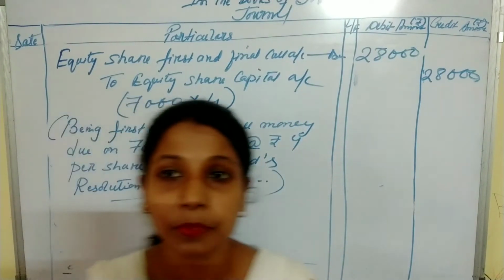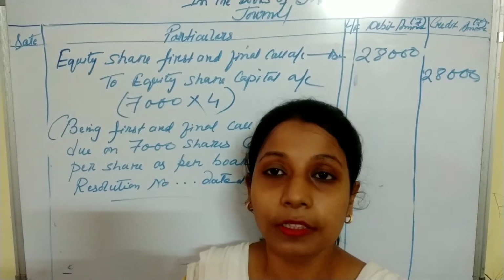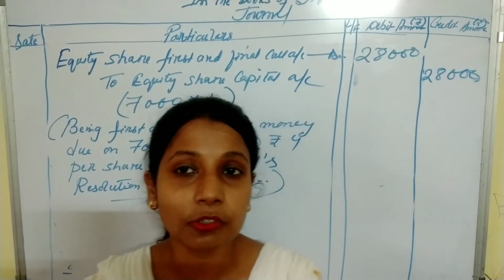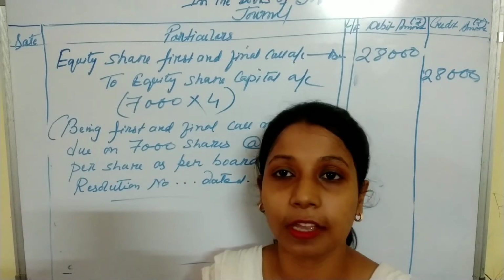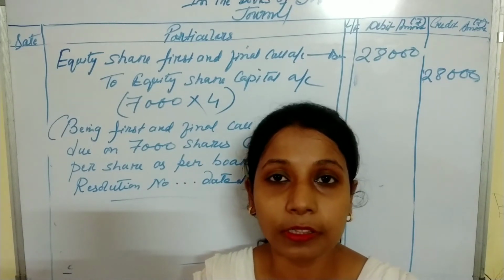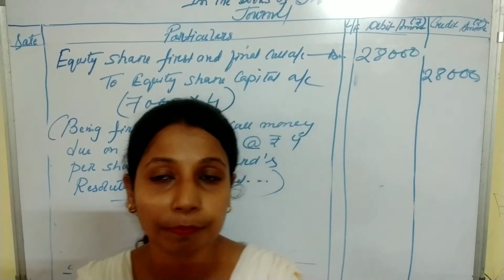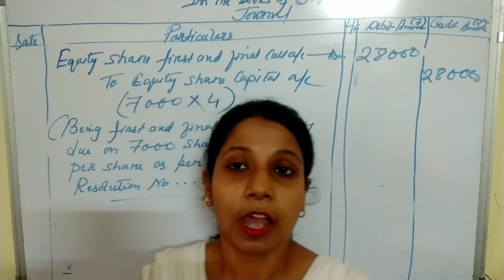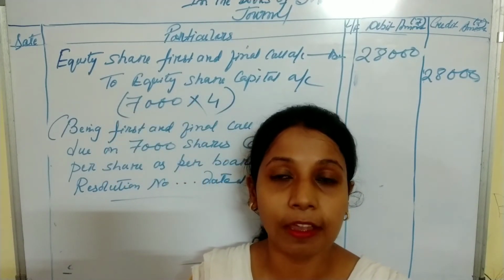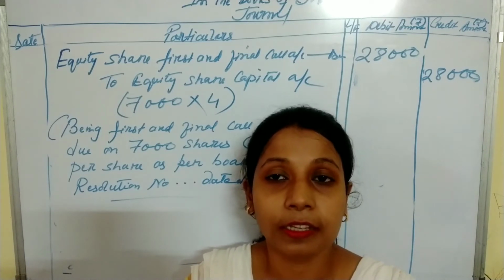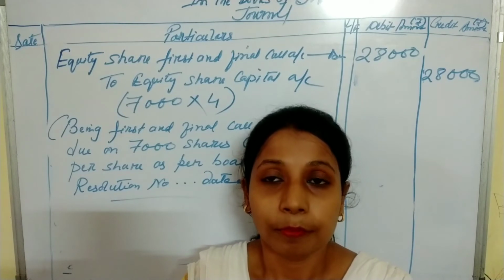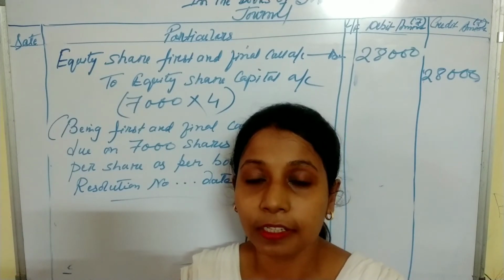Now student, you have seen that all the entries relating to cash receipt and cash payment I have not recorded in the journal. So all these entries relating to cash payment and cash receipts, I will write in the cash book, as in our question it is said that we will maintain both journal and cash book.